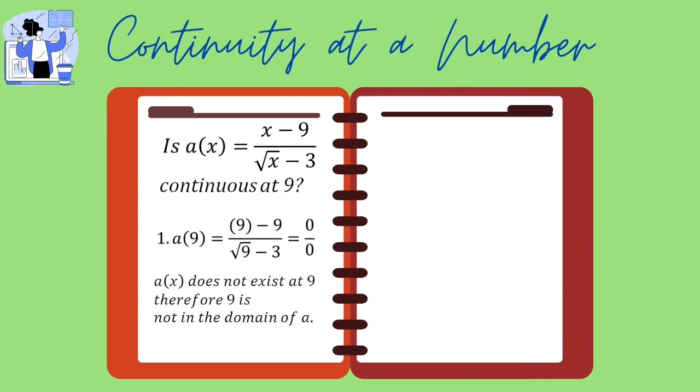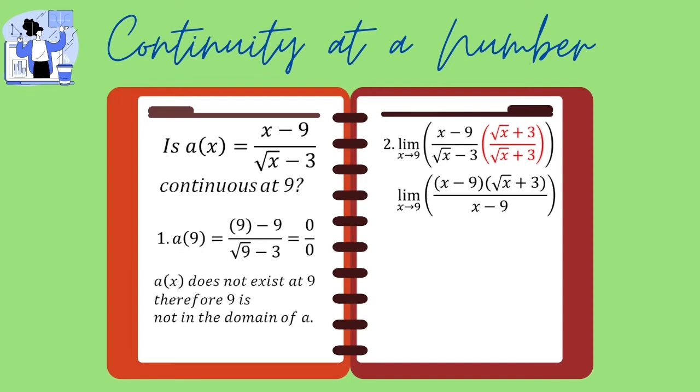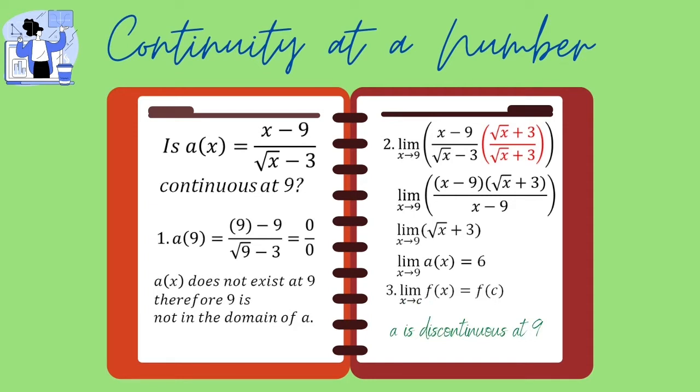Since the function value is indeterminate, we will rewrite the function in order to cancel the common factor. After canceling the quantity x minus 9, we apply substitution to the new expression, square root of x plus 3. And therefore, the limit of a of x as x approaches 9 is 6. And since the last condition is also not satisfied, we conclude that a is discontinuous at 9.